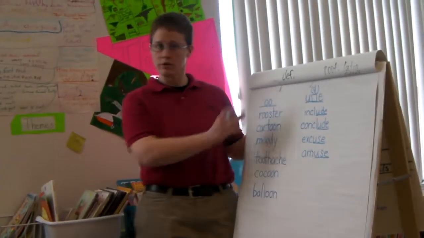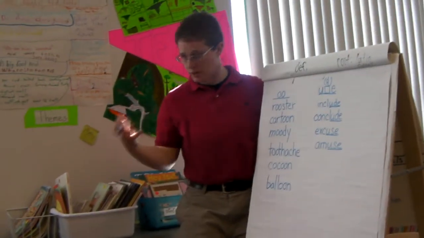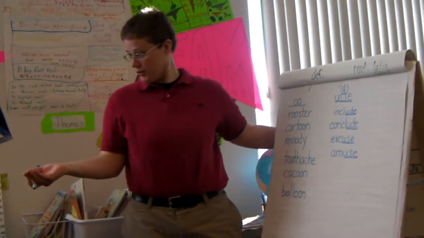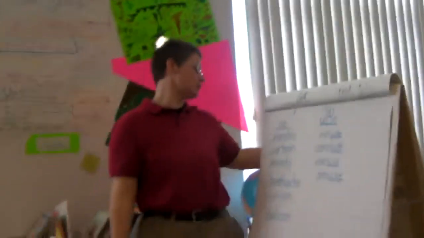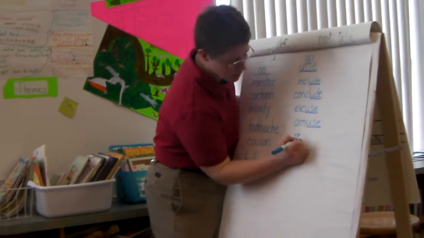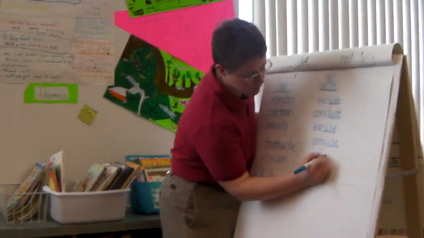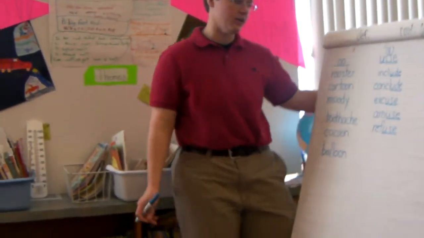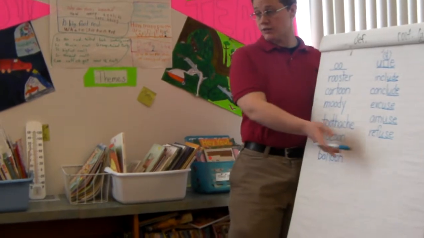I'm going to sort your spelling words into patterns and teach you how to spell them. I hope that you will be amused by this and learn your words. Refuse. And see? It's that same pattern on the end. And there's some others that also fit into here.